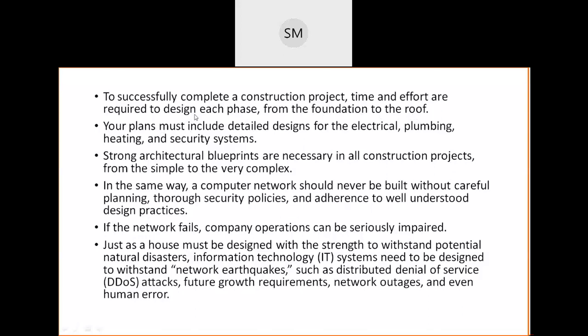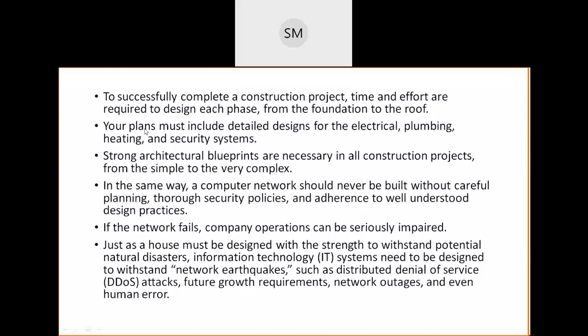Phase by phase, with a proper plan and design, we complete the construction project. Your plans, or the architect's plans, are shared according to your plan.